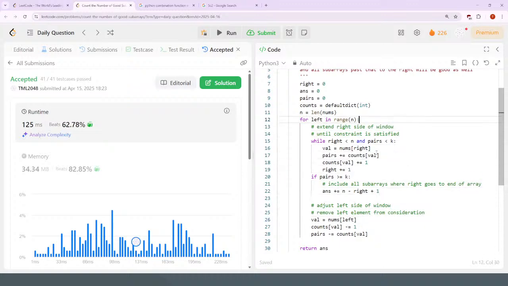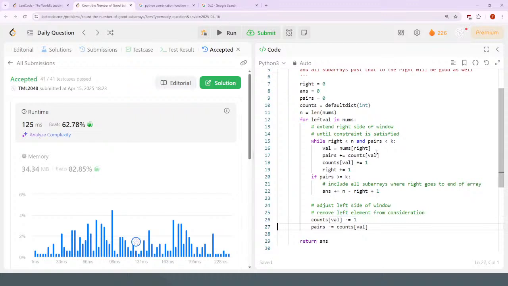Maybe you could go something like enumerate for each left side index. Do you even need to know the index value? Yeah, so I think maybe you can say for left value in your nums array.